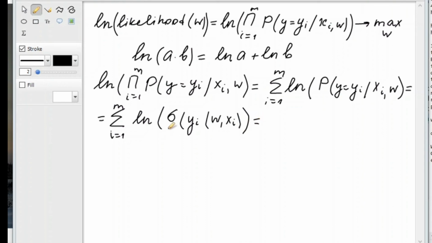And now we will replace this sigma function by its formula, and we get a sum of logarithms of such a fraction. So here we have an exponent in the denominator.